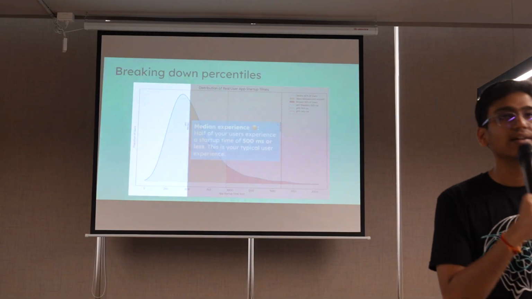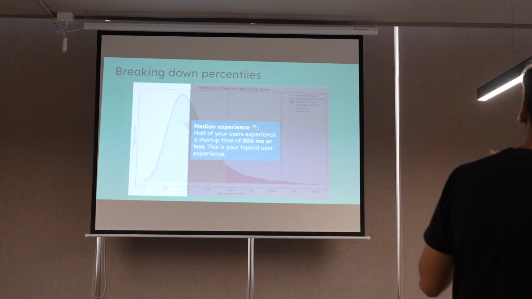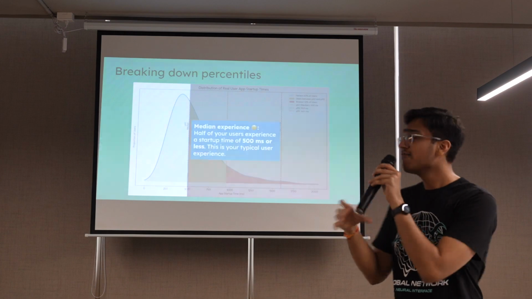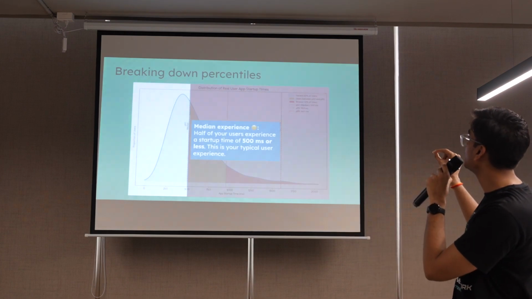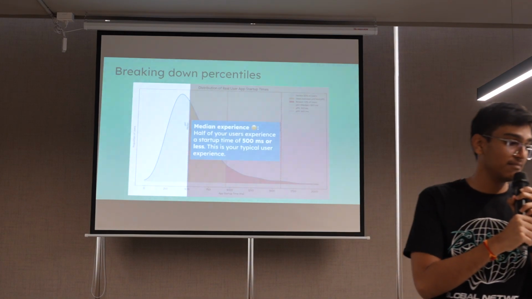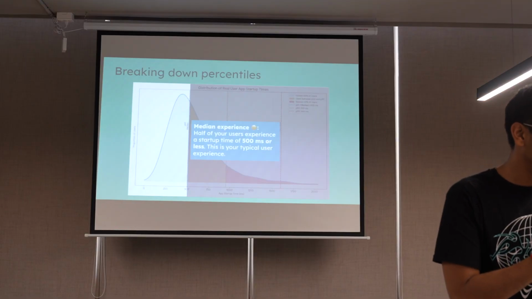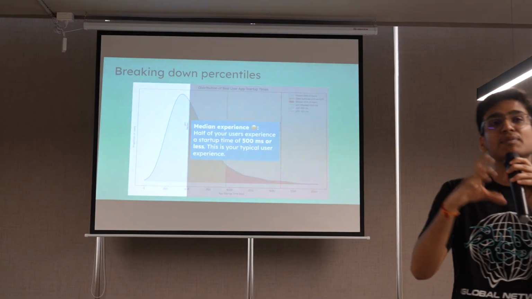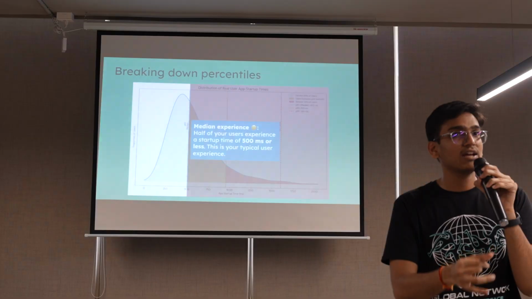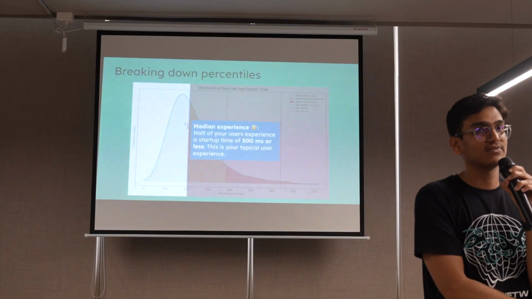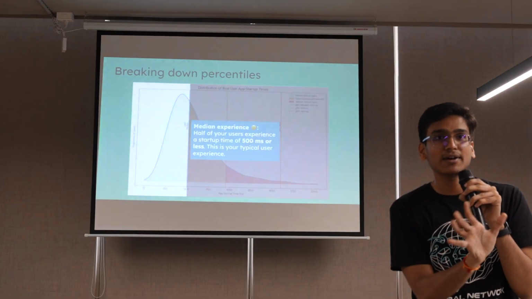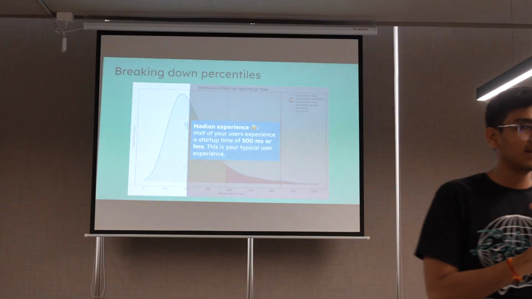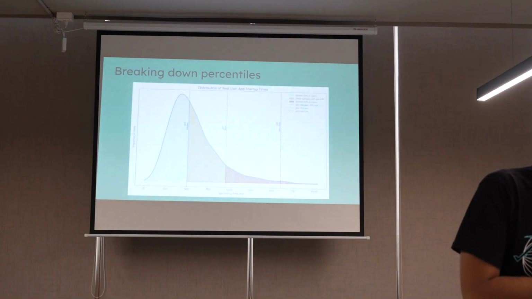So in this 50 percentile, it is a median experience. It means half of your users are experiencing startup time of 500 milliseconds or less. It means 50% users के लिए startup time 500 milliseconds से कम है. It means rest of 50 के लिए वो 500 milliseconds से ज़्यादा है. And now वो ज़्यादा में कैसे जाएगी?